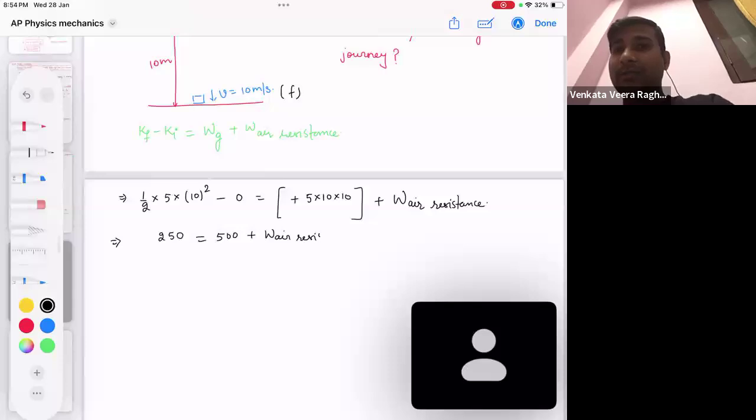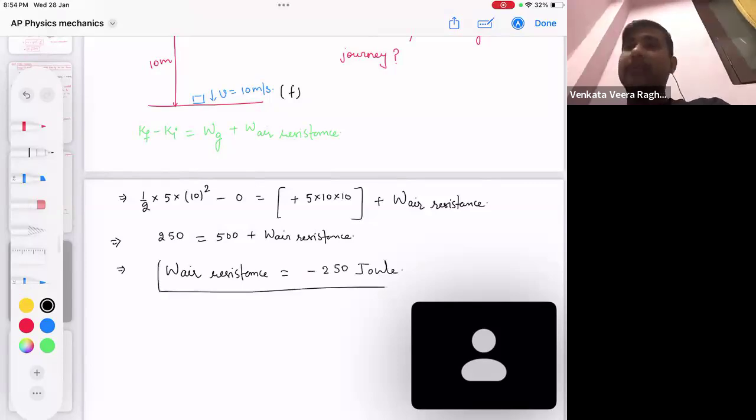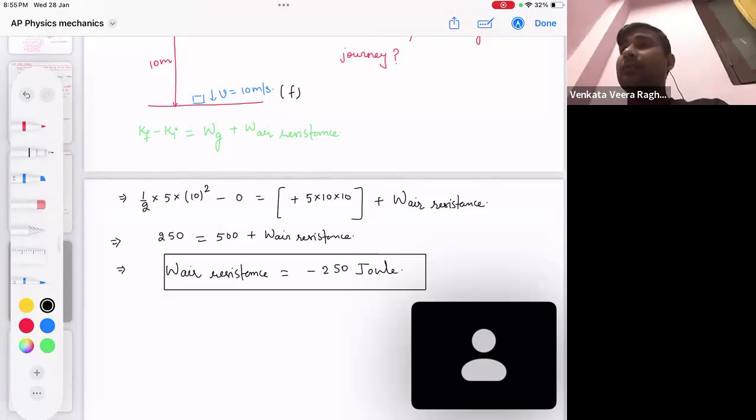So what work done by air resistance are we getting? We are getting minus 250 joule. Understood? This is the work done by air resistance. Now we got it. So sometimes you have to look at the situation and find out these things. Clear?